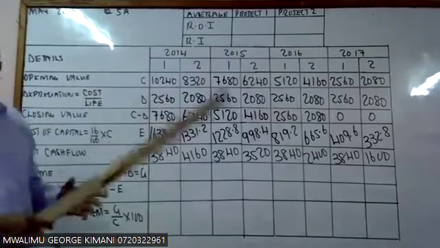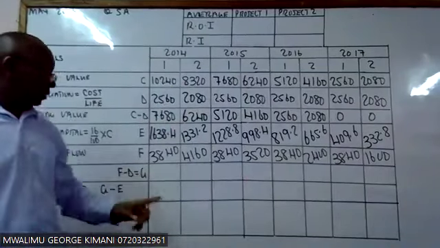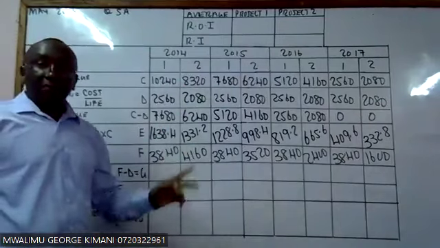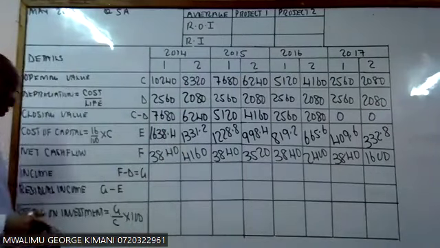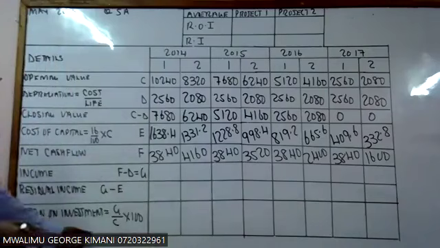So you have the values here for each project, the 4 of them. Let me start with the return on investment.